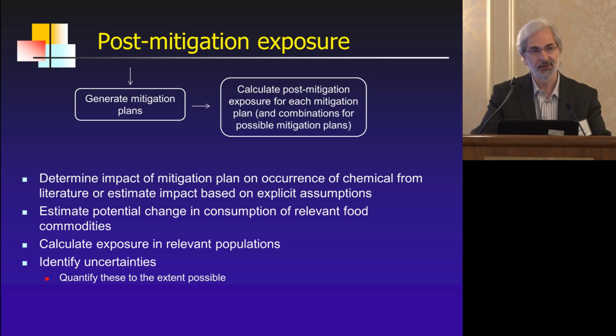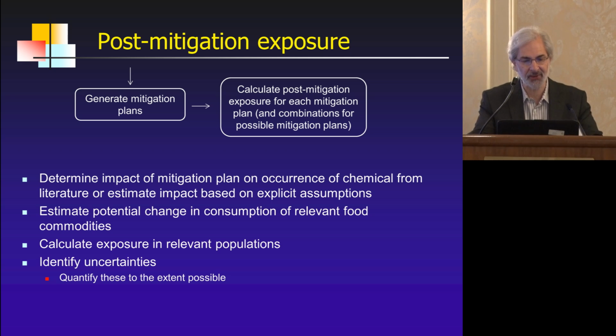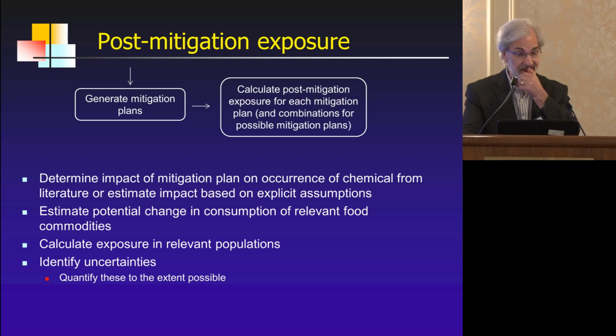Determine the impact of the mitigation plan on the occurrence of the chemical using published literature, or estimate the impact based on assumptions, which of course have to be explicit. You need to state what assumptions you're making. So you might say, well, if I interfere with the formation of this intermediate that is involved in the production of my process compound in my foodstuff, and I take it down to 10%, I'm going to assume that at least 75% reduction. That's an explicit assumption without a measurement.